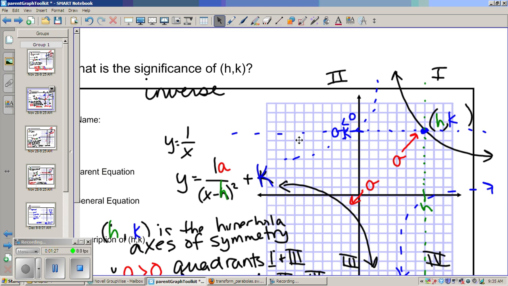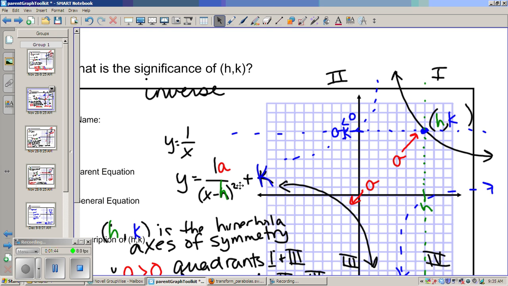Then we talked about the inverse function, y equals 1 over x. And you see the black lines here are the general format that y equals 1 over x kind of takes.